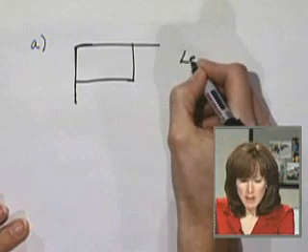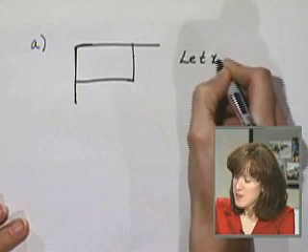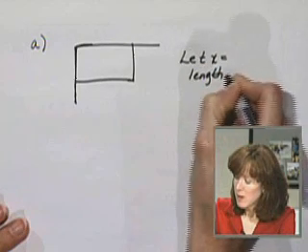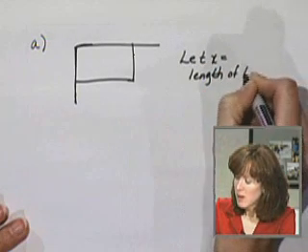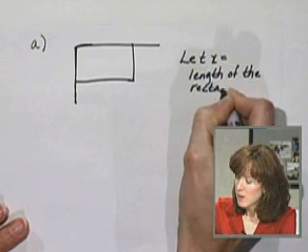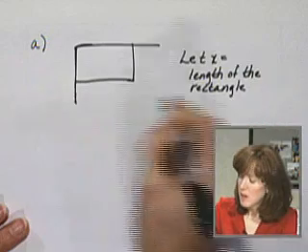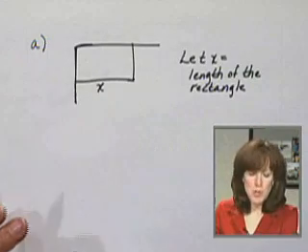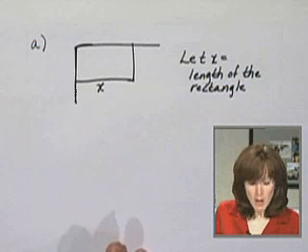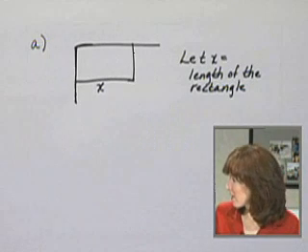partition. So what we'll do is to let x equal the length of the rectangle. And we'll label that. So we have labeled x. How would you then represent the width?